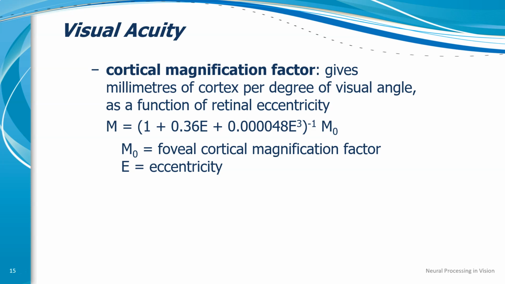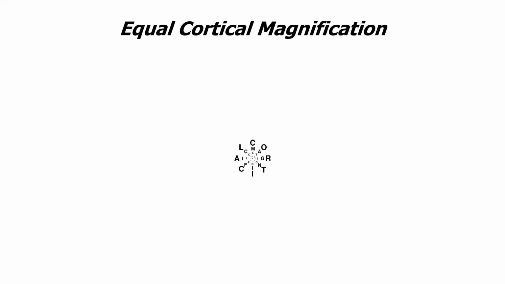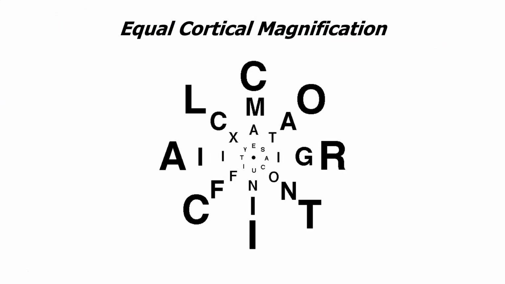Now, the fun thing about this cortical magnification factor is what we can do is structure and arrange some letters according to that formula. Now, the way this works is you would look at the dot in the center here and just don't move your eyes away from that dot, okay? Now, the funny thing about these letters is generally the farther something is from your central vision, the harder it is to identify it.